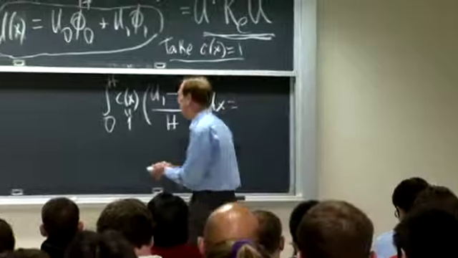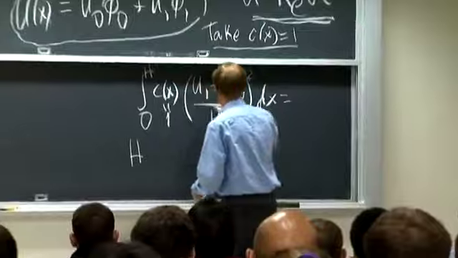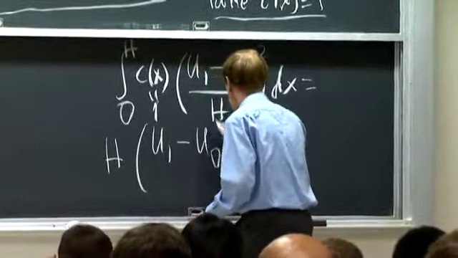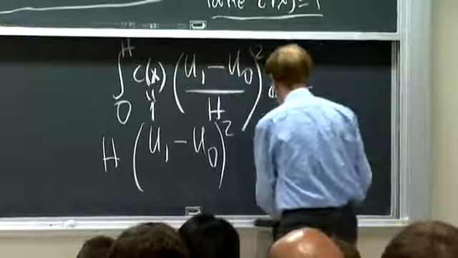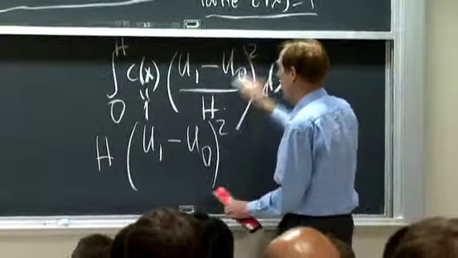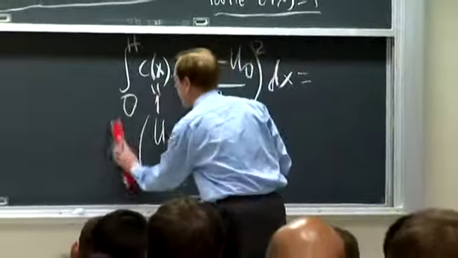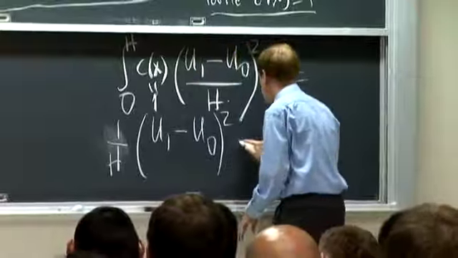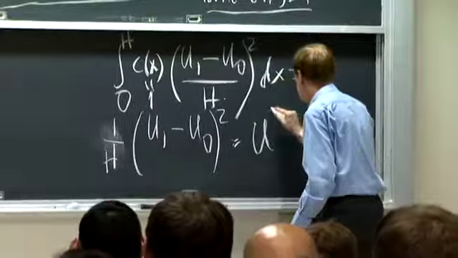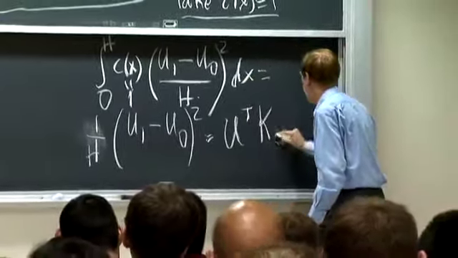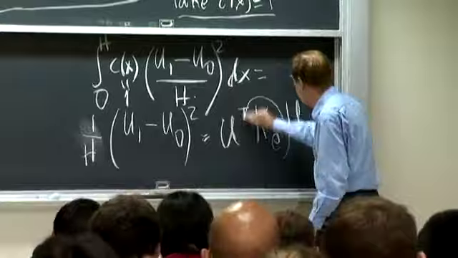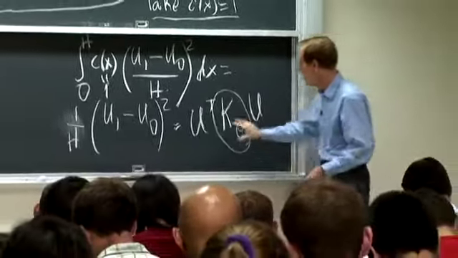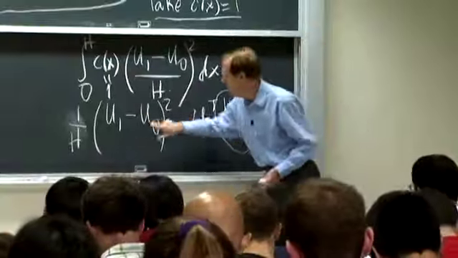The integral is just h times u1 minus u0 squared over h squared, because that's getting squared. The interval was length h. I think I just have a 1 over h. So this is my u transpose k element u. And now I want to pick out what's that matrix. What's that little 2 by 2 matrix that only touches these 2 u's?